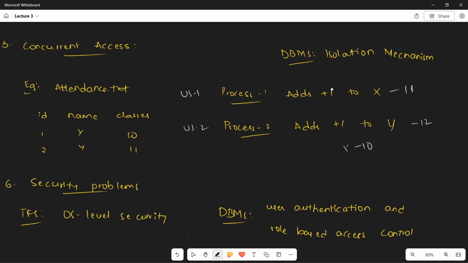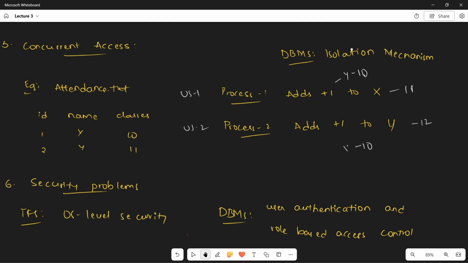And when process 1 is trying to add to X, Y remains the same, that is Y is equal to 10. So data loss and data corruption happens here. Since both read the same original file at a time and make changes, they overwrite each other's update. So what will be the result? One process's changes are lost and the database becomes inconsistent. You got the point, right?